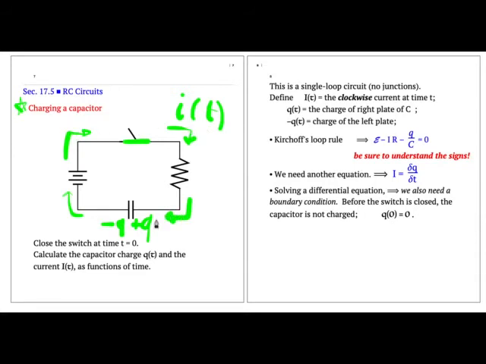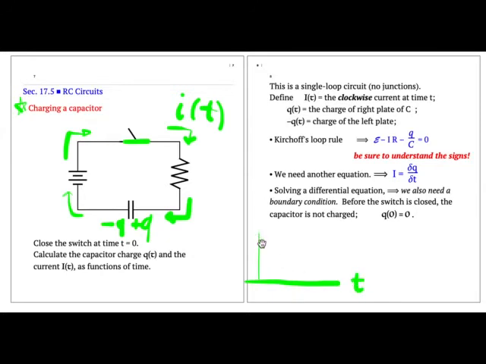It's always going clockwise, but it's changing in time. The instant you close the switch, the current will start. But it'll eventually reach an equilibrium. It'll eventually reach 0.